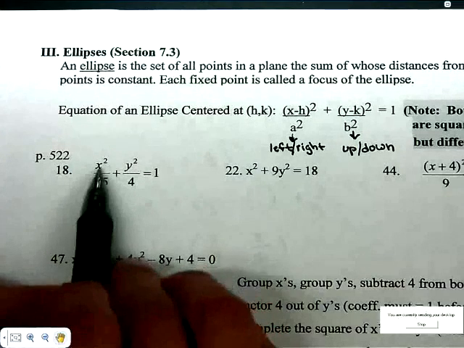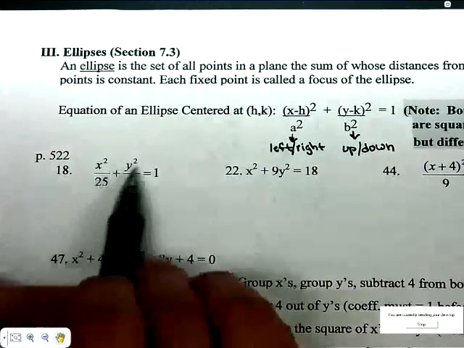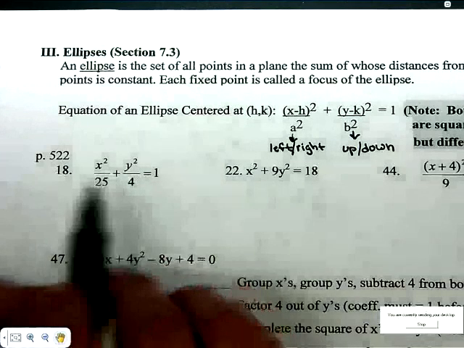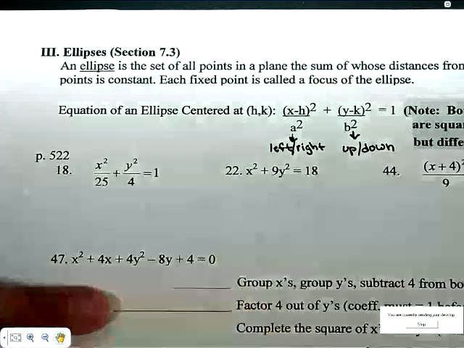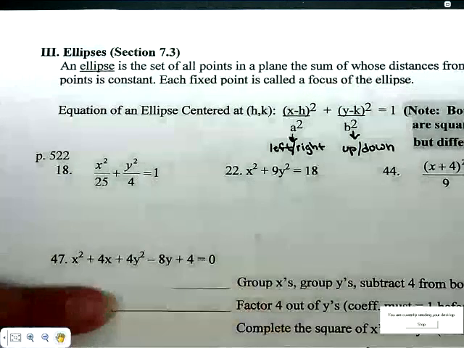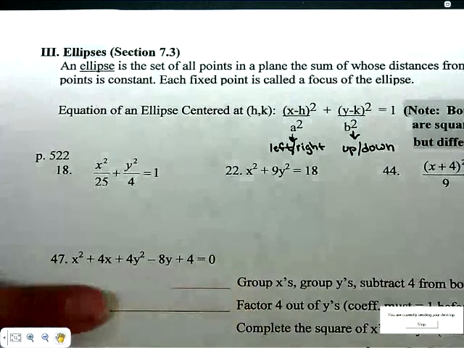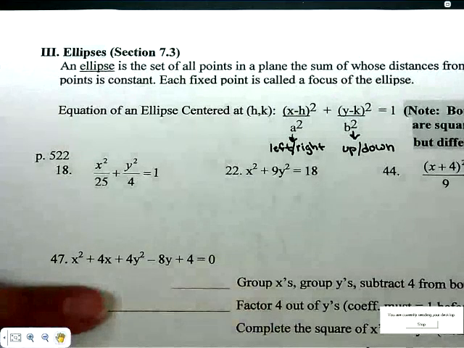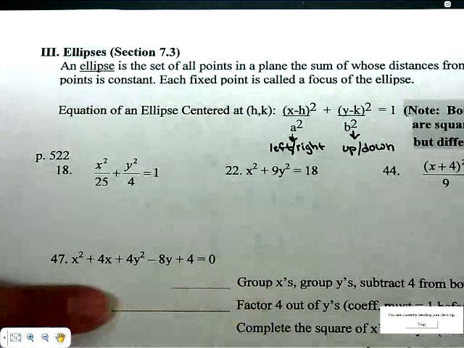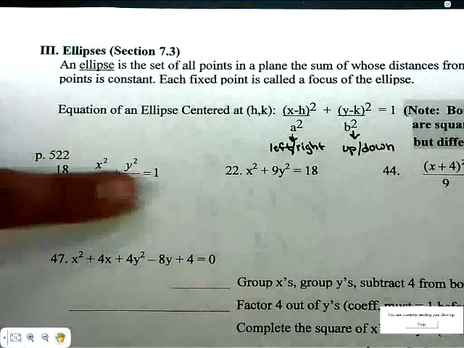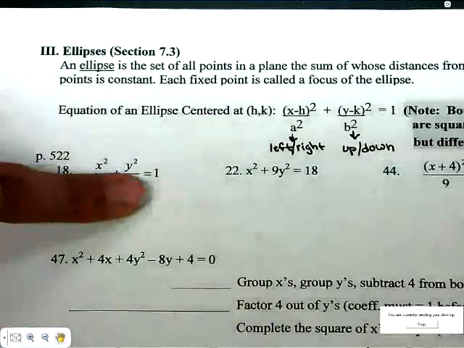The coefficient of this x squared is 1/25. The coefficient of this y squared is 1/4. That's why it's not a circle. Why is it not a parabola? Because both variables are squared. A parabola only has one variable squared. So it's an ellipse.